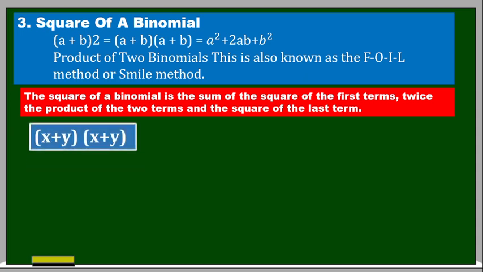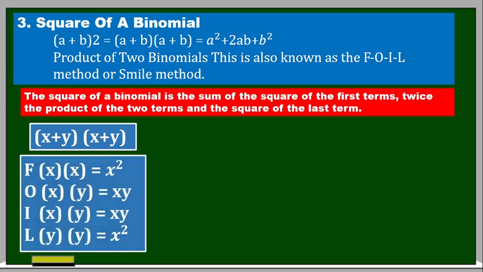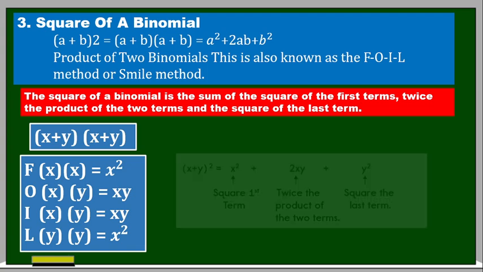Example, quantity x plus y multiplied by x plus y. You can use the FOIL method, but since we have this shortcut way, it goes like this.